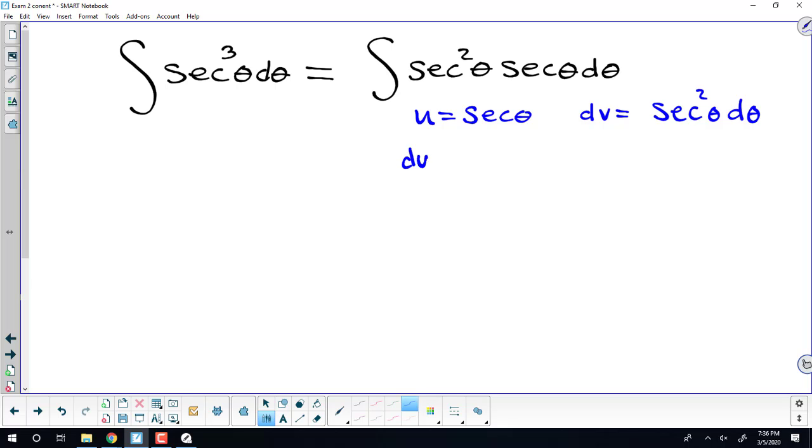So du is the derivative of secant, so secant tangent d theta, and v is the antiderivative of secant squared.